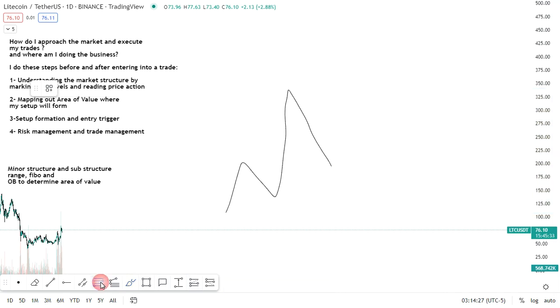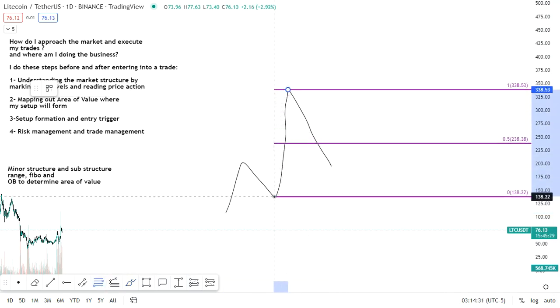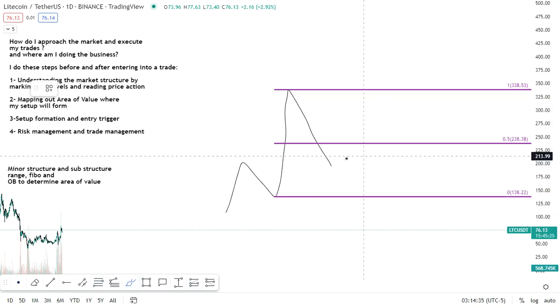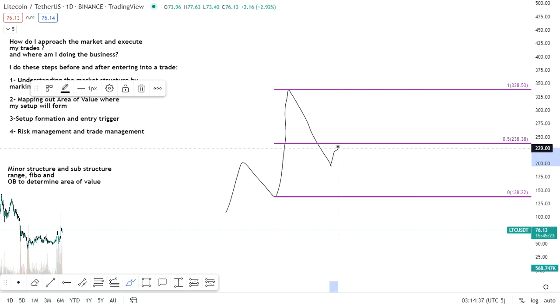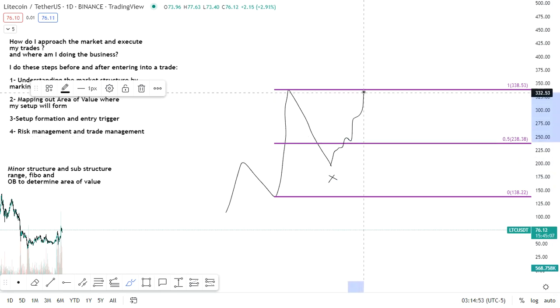For example, you are a range trader, you take this swing high and this swing low, and you have entered, for example, in the mid range with a stop here. So your first trouble area, like price might face some sort of trouble to go higher, is the range high, and this is the area where you must be managing your trade.